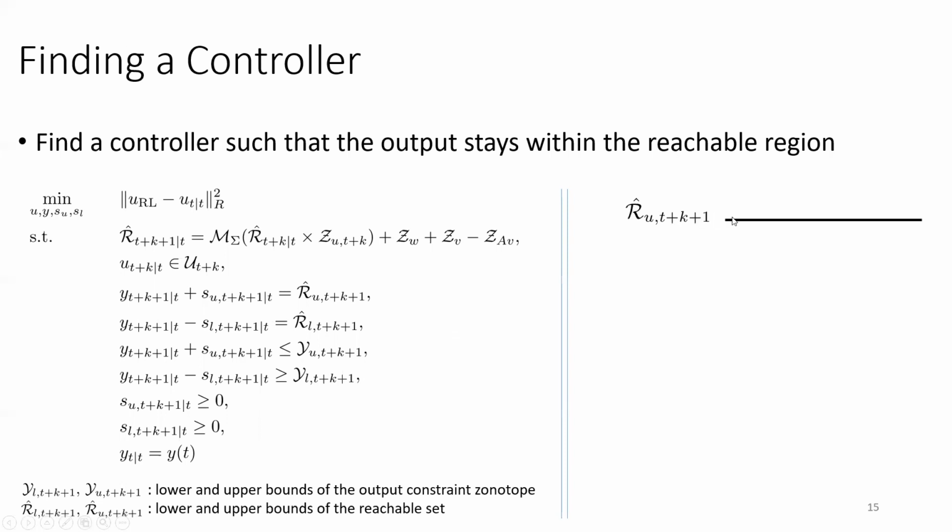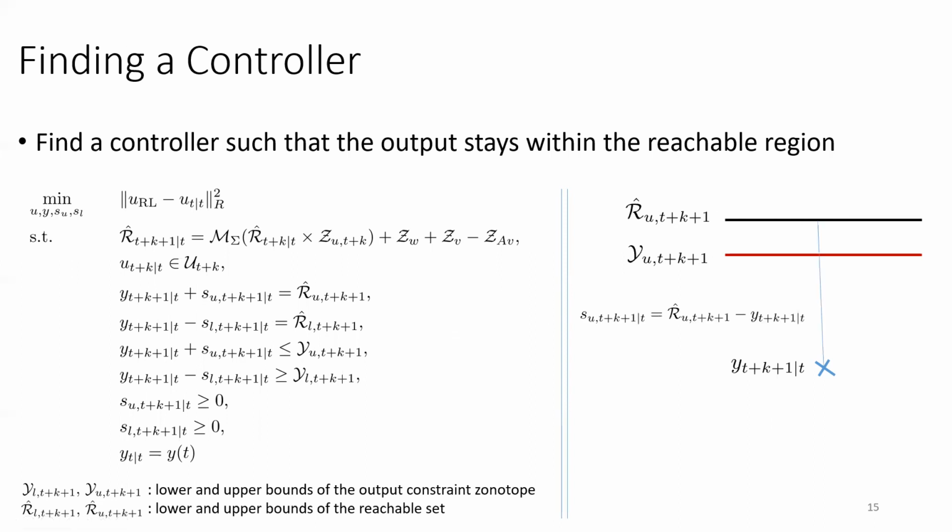Consider the reachable region as shown here, and we have the output constraint here. We will have the slack variable to do the following job. Consider the simulated output here. However, the true output may be any point towards the upper bound, for example, in the worst case.